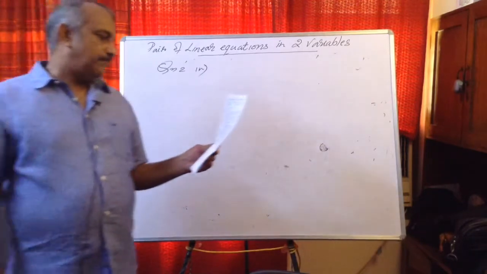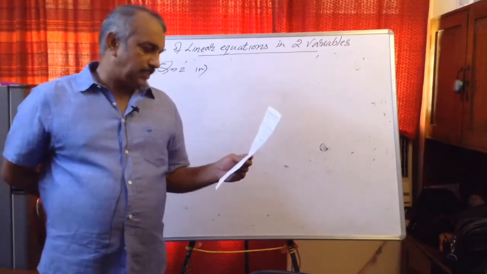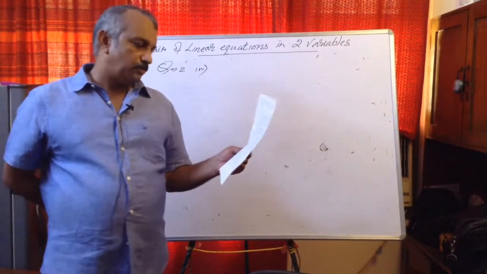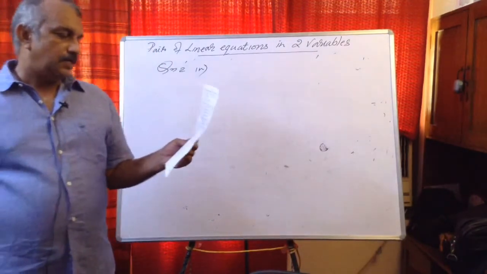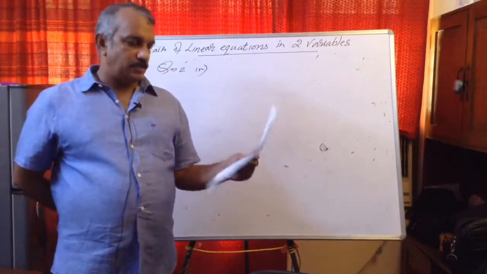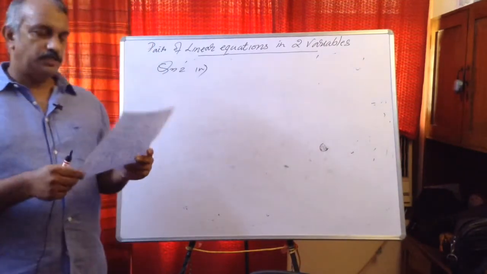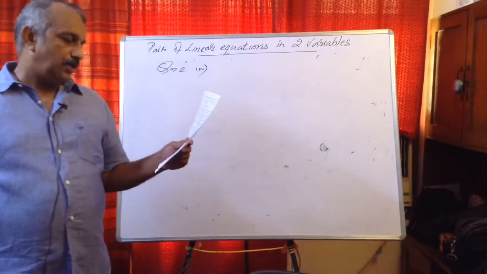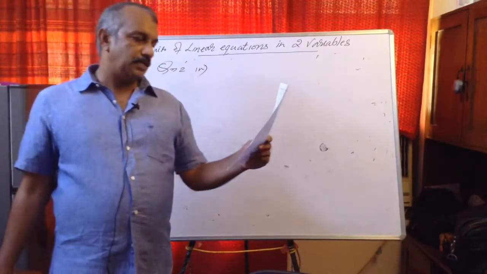Meena went to a bank to withdraw rupees 2000 and she asked the cashier to give her rupees 50 and rupees 100 notes only. Then Meena got 25 notes. So naturally it is 2000 only, because in total there are only 25 notes, and she got only 25 notes in all.